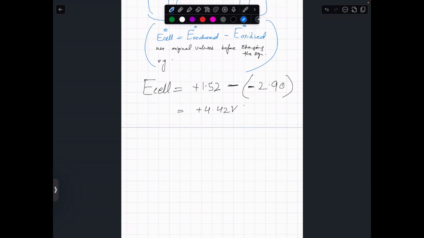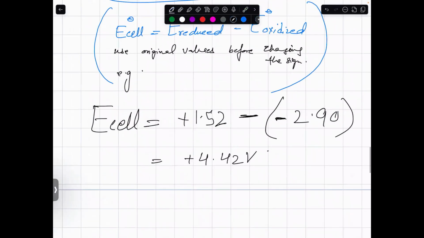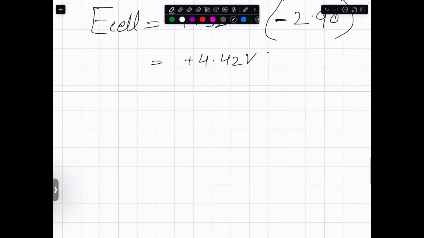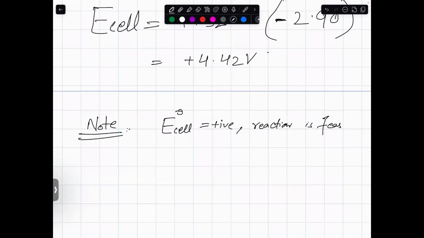If the E cell is positive, note, E cell positive means the reaction is feasible.